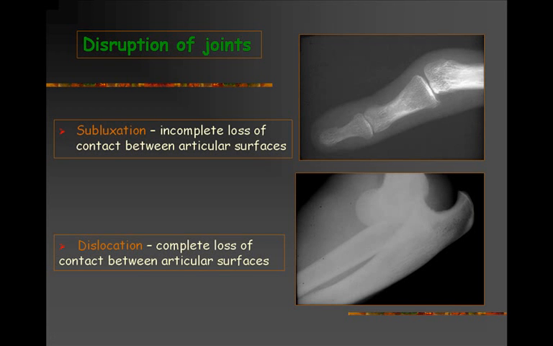In a dislocation, there is a complete loss of contact between the articular surfaces. This X-ray here of the elbow joint shows the articular surface of the proximal ulna completely out of its anatomical position and articulating with the distal humerus.